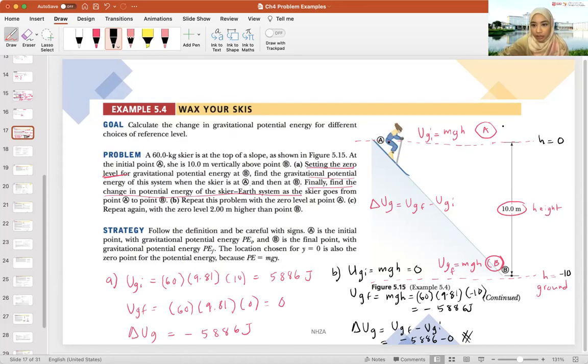So this point A is greater than point B by 5886. It is more by 5886. It doesn't matter how we calculate it. What we know is the relative energy: A must be greater than B by 5886, whether we define this point as h equals 0 or h equals 10. We only want to know the relative energy.